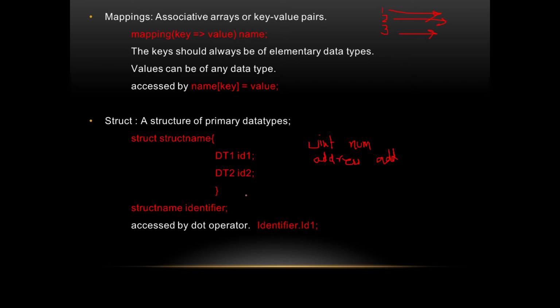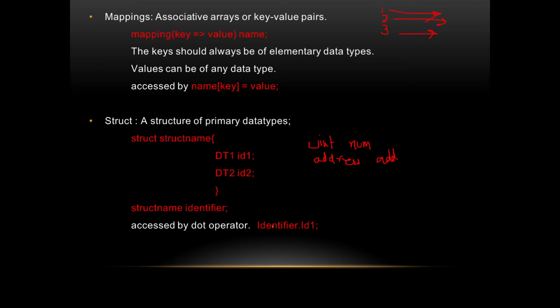Now this is basically a user defined data type. Now you have to make a variable of that data type. So you will write the name of the struct. It will be a new data type. Now you put the variable identifier out here and you are done. You can access these values by a dot operator, which is identifier dot id1.